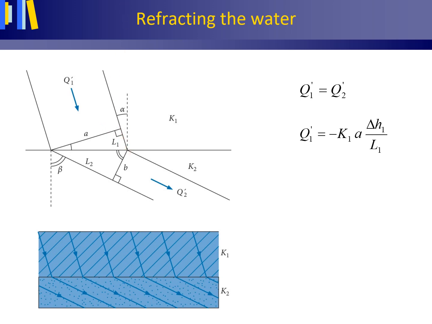Similarly, for the lower layer 2, we can write that Q2 with a prime equals minus K2 times B times delta H2 divided by L2.